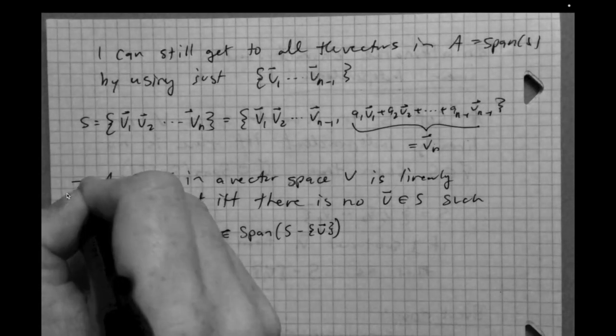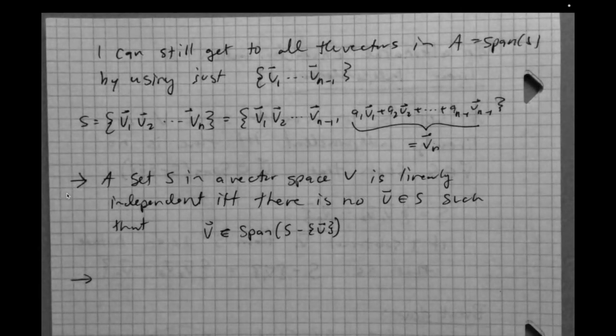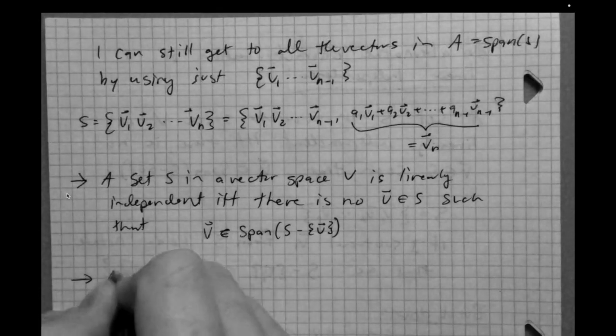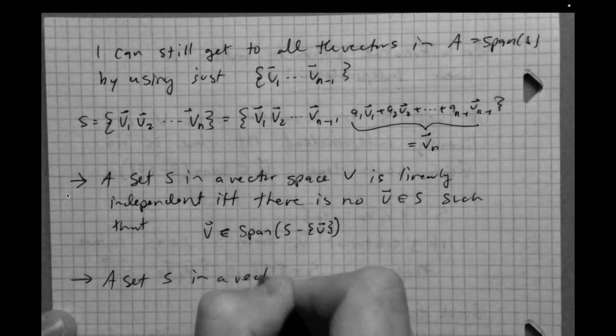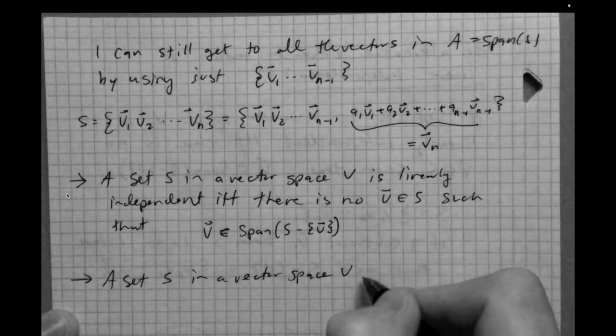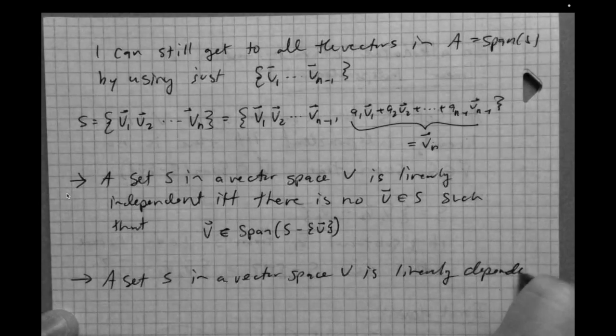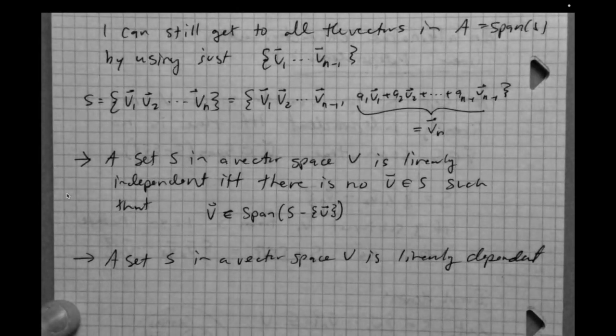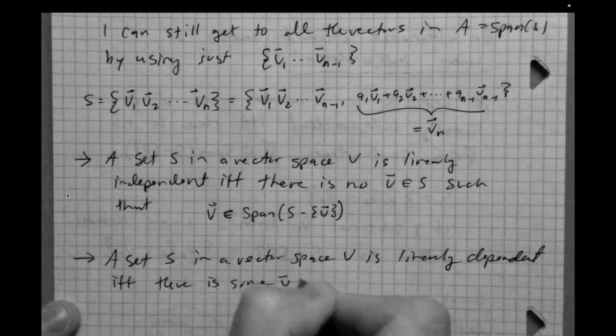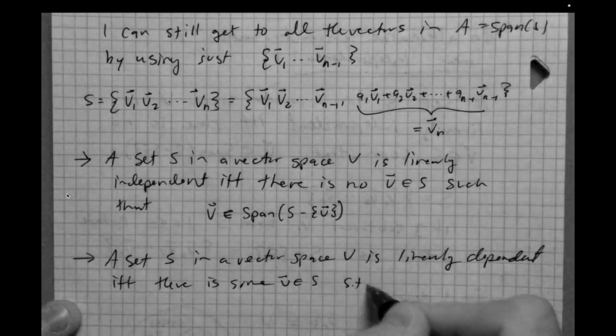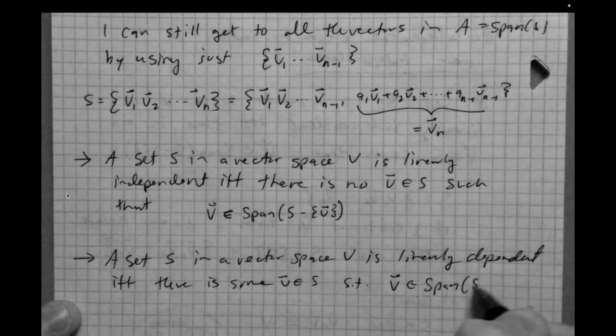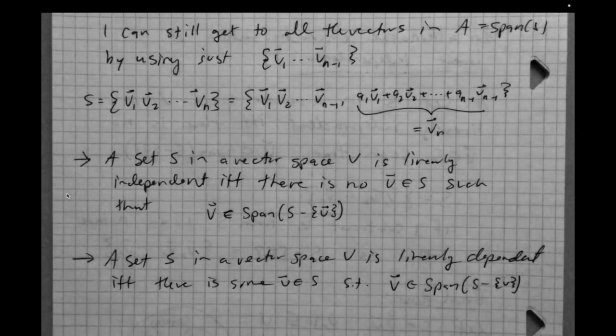Another way to write this, in terms of dependence, which some people tend to think is possibly better, would be to say a set S in a vector space V is linearly dependent if and only if there is some V in S such that V is in the span of S minus V. So S has to be linearly dependent if there's some vector that is still in the span even after I remove it from the set S. Meaning it's redundant, meaning it's captured by the other ones already.